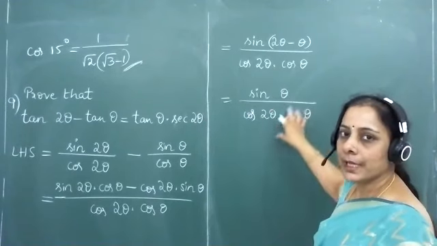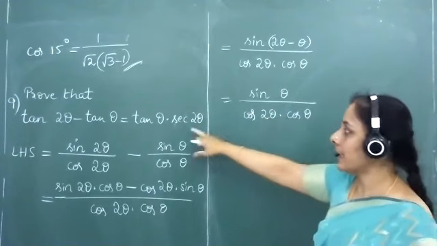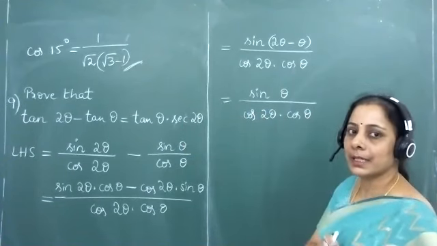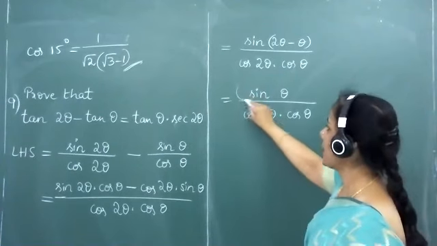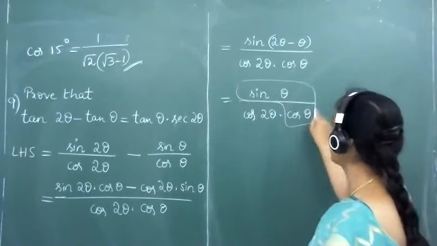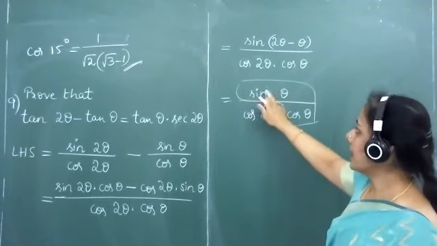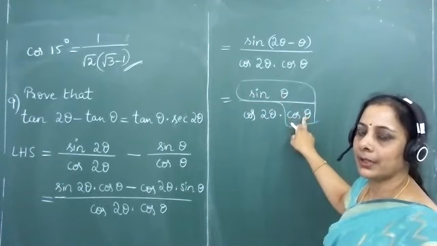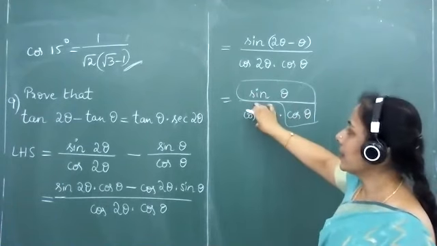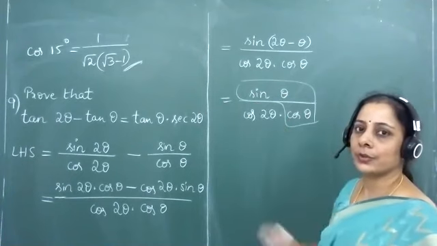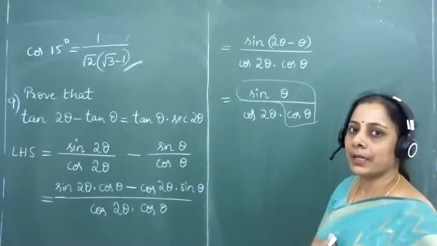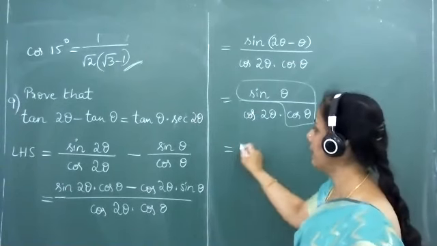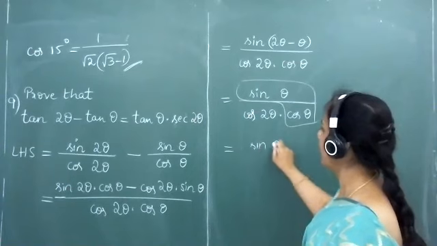I need to realign the terms here and then show that it is the same as tan theta into secant 2 theta, for which we will have to go for regrouping the terms. Now in this fraction, whatever we obtain, we shall group sin theta by cos theta as one term, so that the denominator cos 2 theta comes as 1 by cos 2 theta, otherwise taken as secant 2 theta, which you can see now how we are rearranging.